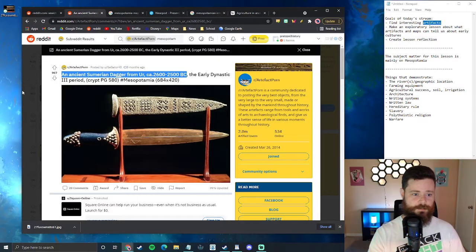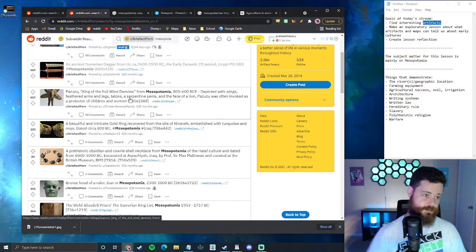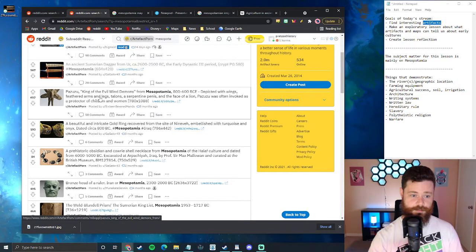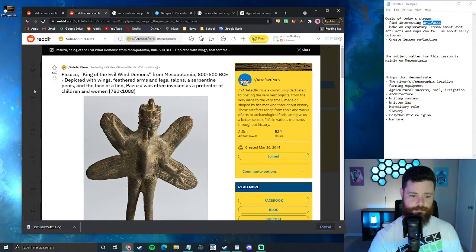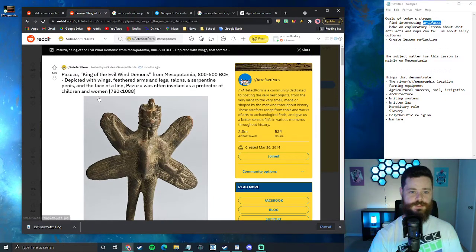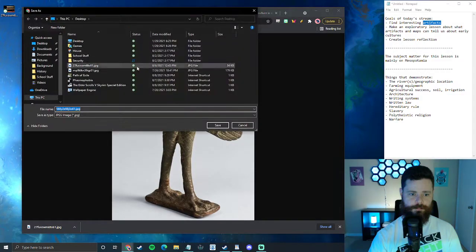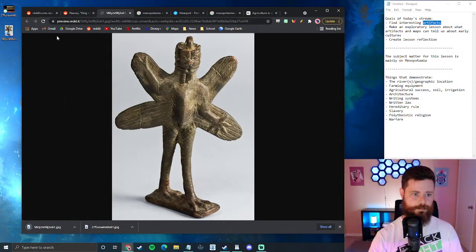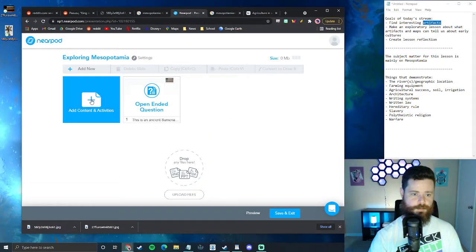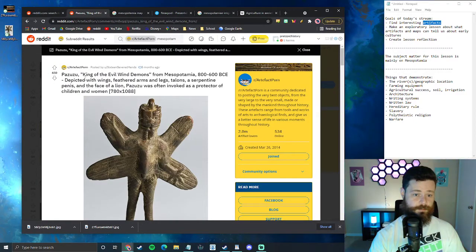Okay, so we have the dagger. And sometimes when I find things like this, I am probably going to have to look some things up just to get a little bit more information about it.